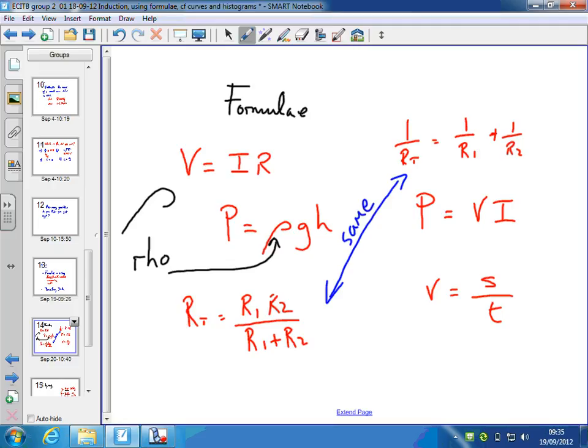What does that stand for? Do you remember? Density times gravitational constant and the depth. So if I know the density, the gravitational constant, and the depth, what do I do with those three things, Cameron, to get the pressure? Times them together, yeah. Okay?